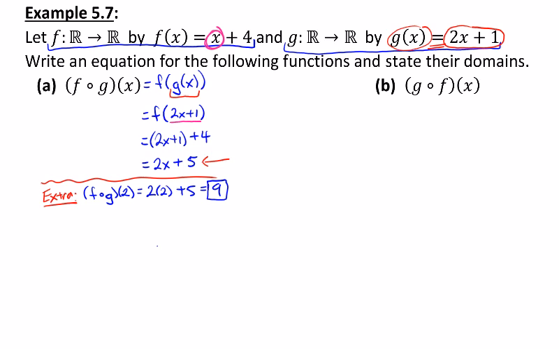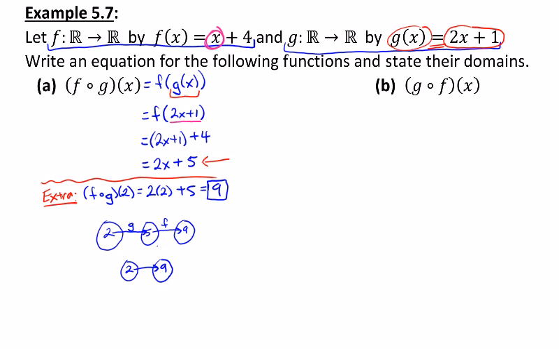In example 5.6, we said we start with 2, and then we calculate 5 by using g. And then if we use 5 with f, we eventually get to 9. So we have to do it one step at a time. But what we just did was take 2 and go directly to 9.